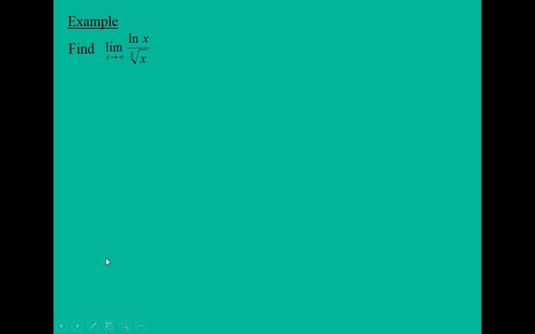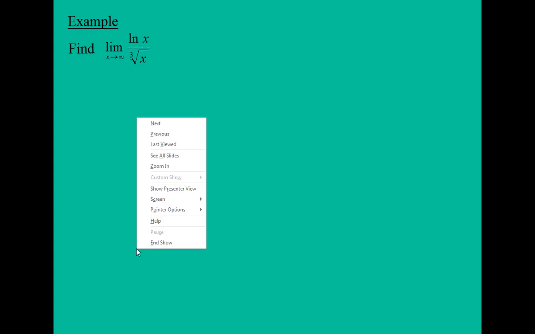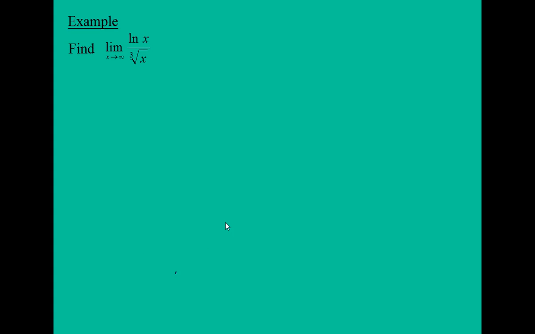Find the limit of ln of x divided by the cube root of x. If we used direct substitution, ln of x as x goes to infinity, and the cube root of x as x goes to infinity goes off to infinity also.